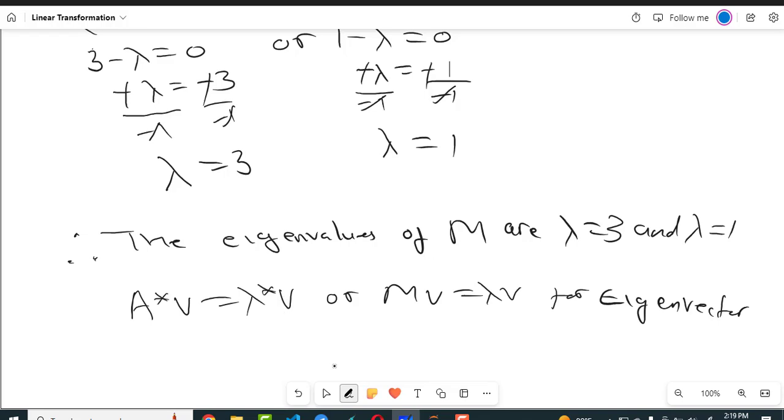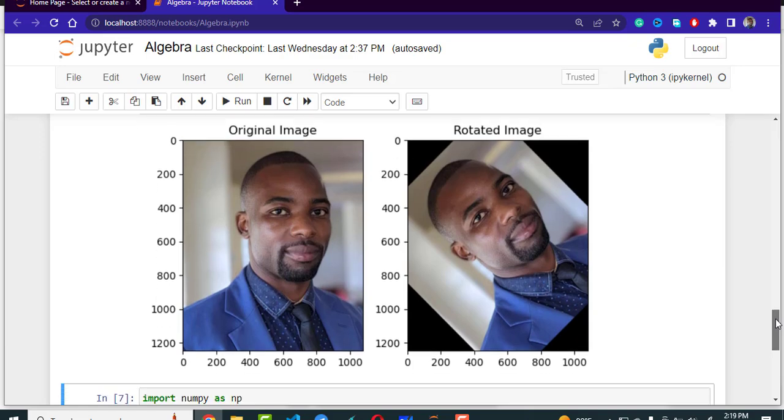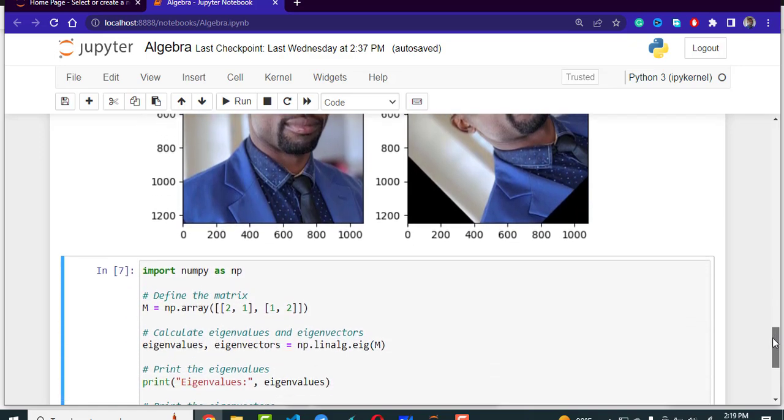We shall look into how to find the eigenvectors when we solve for singular value decomposition in our next video. For now, let me demonstrate how you can use Python to solve for eigenvalues and eigenvectors.